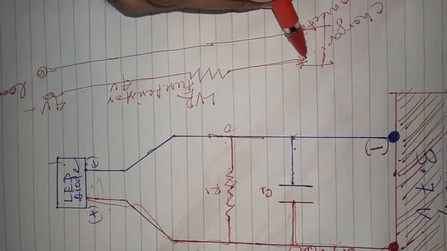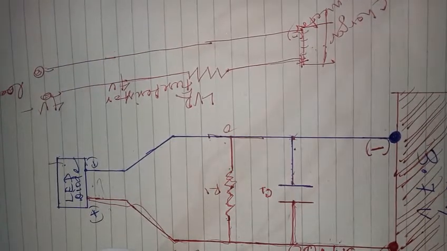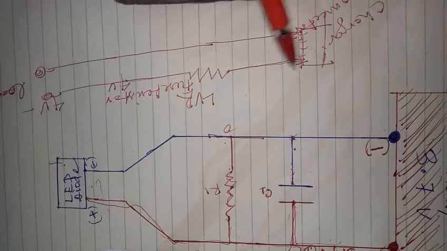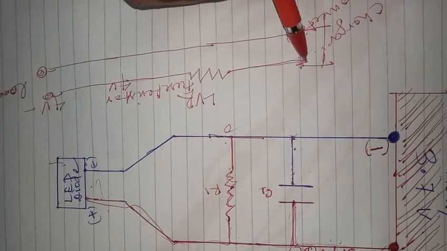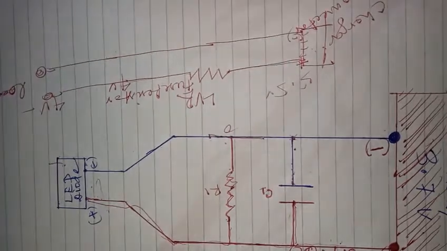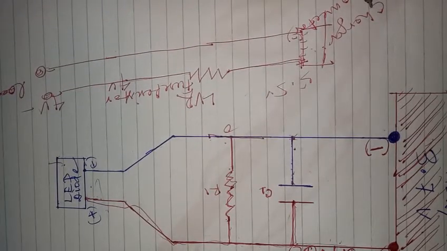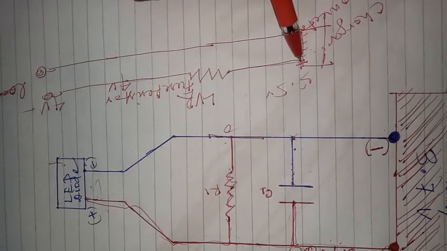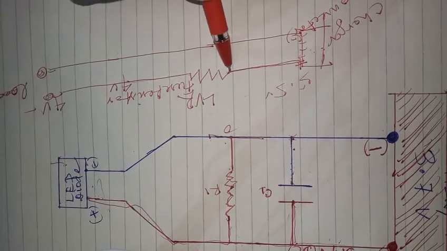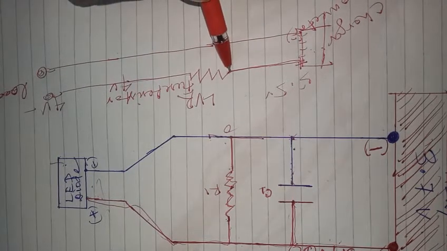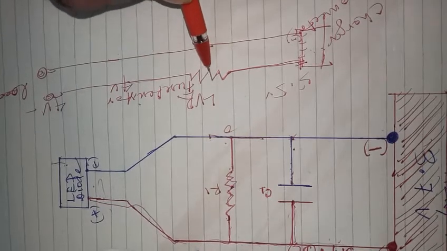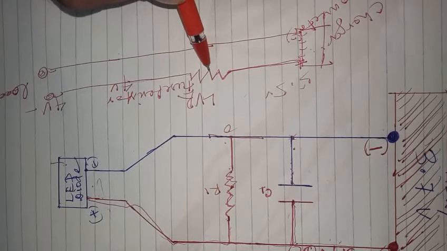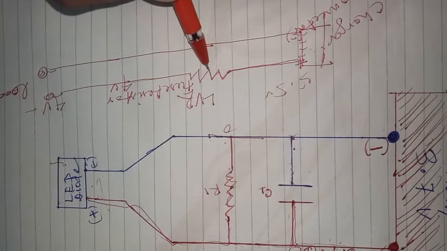If by voltage fluctuation or any other reason the supplied voltage is 5.5 volt, what will happen? The 5.5 volt comes here, and when it enters, this LVR, this fuse resistor, will be damaged.